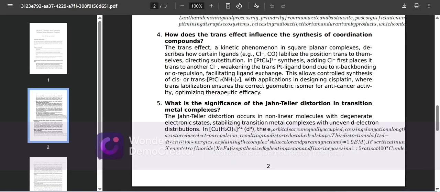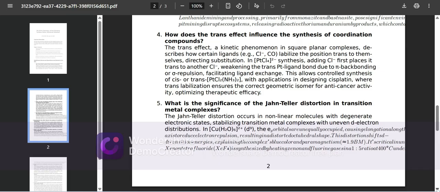How does the trans effect influence the synthesis of coordination compounds? The trans effect, a kinetic phenomenon in square planar complexes, describes how certain ligands, like chlorine and carbon monoxide, labilize the position trans to themselves, directing substitution.